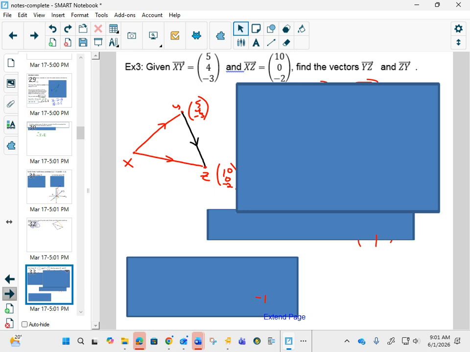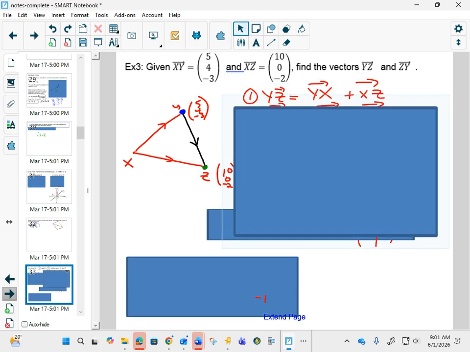And if I want to start at y and end at z, so start at the blue dot, end at the green dot, I think this is very visually easy to see. I could go from what? If these are the only pathways that I know, I could go from y to x, and I could go from x to z.